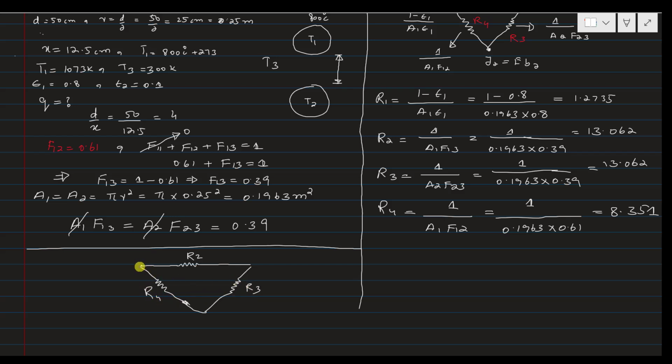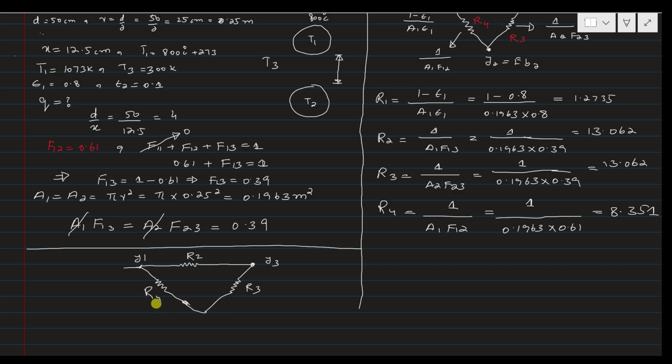So we need to find the equivalent resistance between nodes J1 and J3. R4 and R3 are in series, and R2 is in parallel with them.